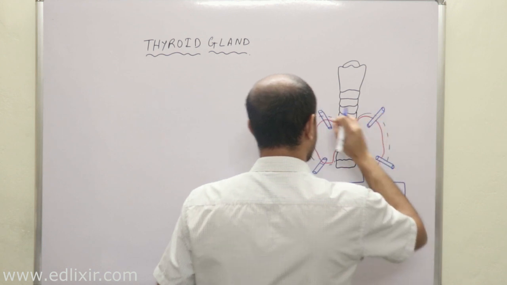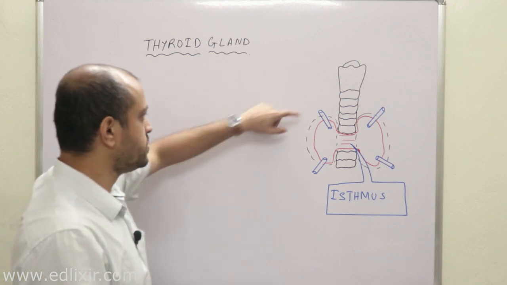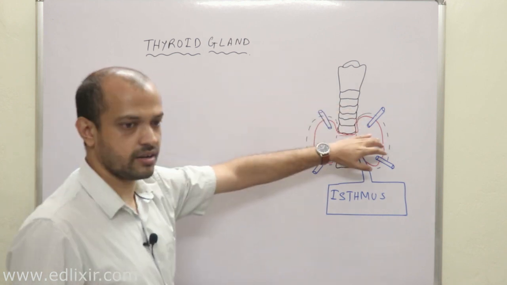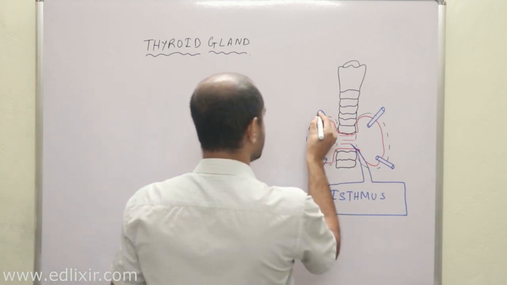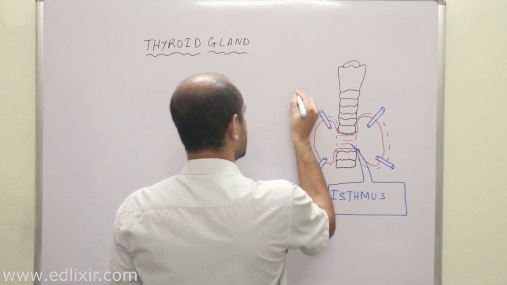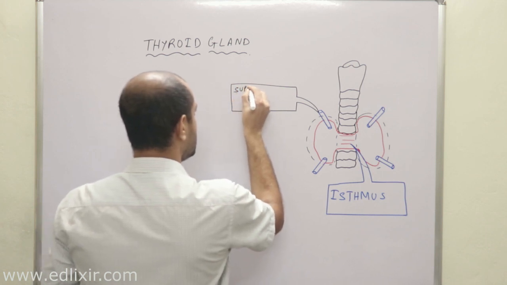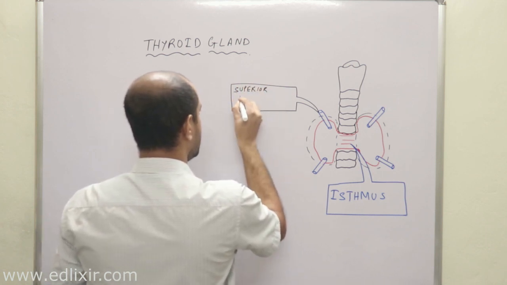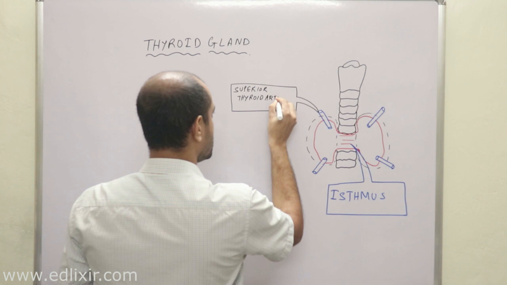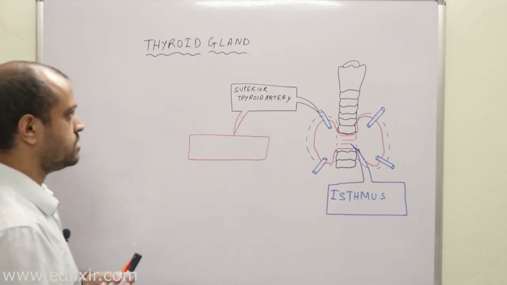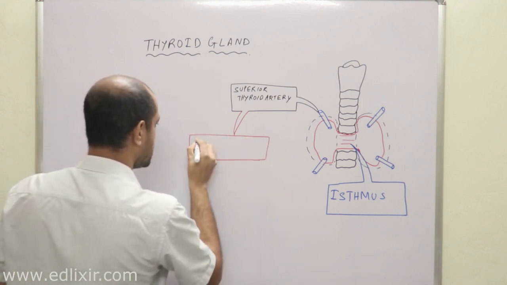I'm not going into the details of this anatomy because we will be dealing with anatomy later. Clear? Now listen. These are superior thyroid arteries, and these are inferior thyroid arteries. Now listen with all your attention. Superior thyroid arteries actually come from carotid arteries.